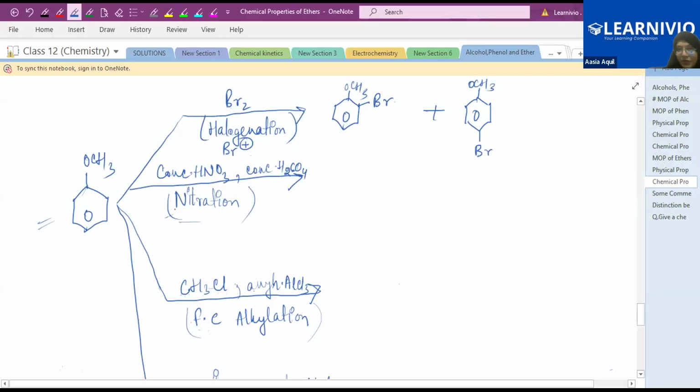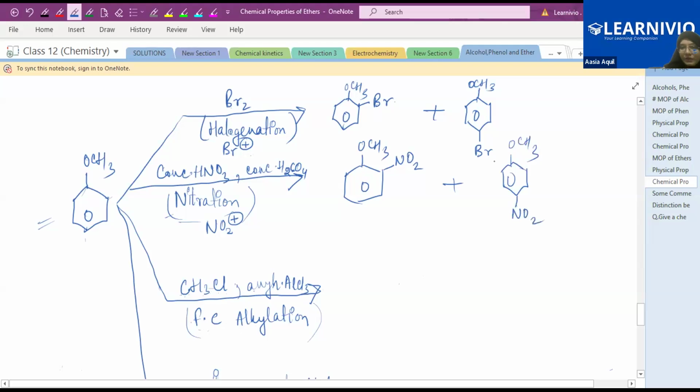So this is your nitration. In the nitration, what is the electrophile? NO2 plus. This NO2 plus will get attached to the ortho and para positions. So you will get ortho nitroanisole plus your para nitroanisole.